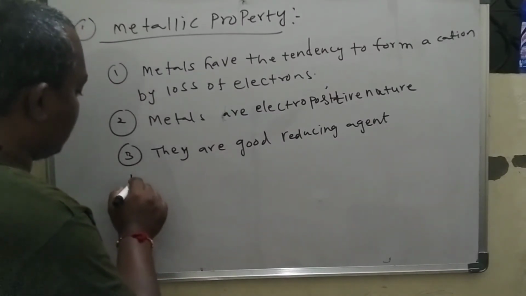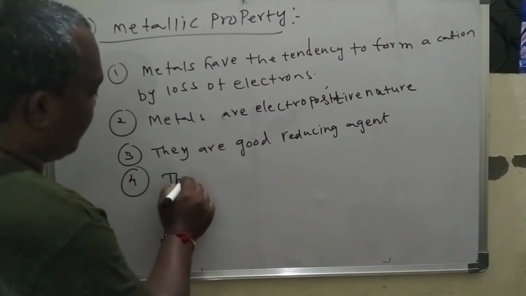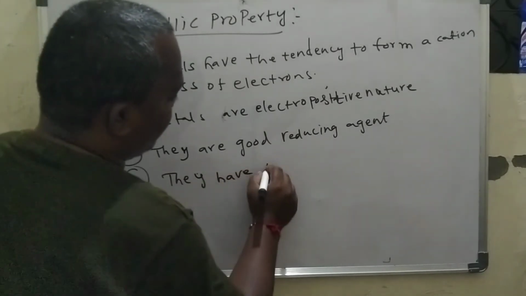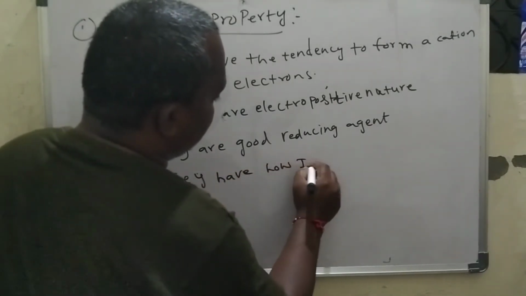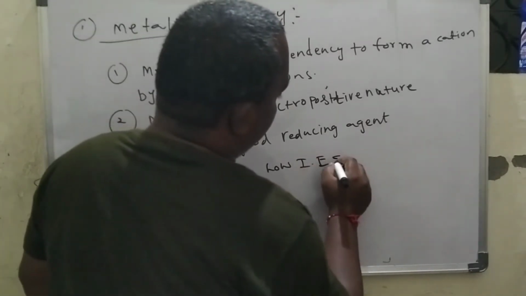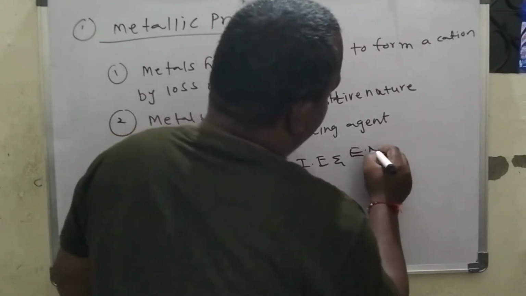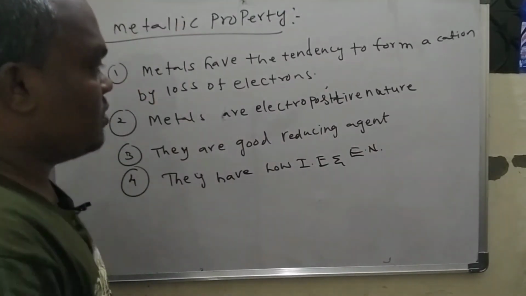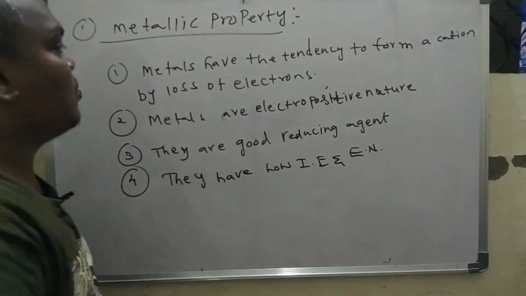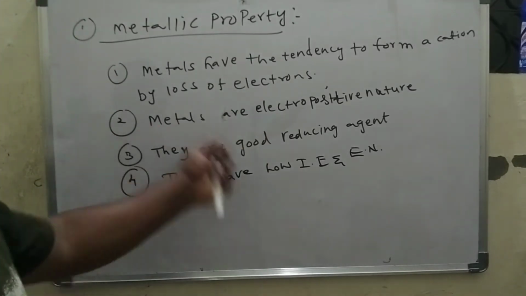And the fourth one is they have low ionization energy and low electronegativity values. So generally these are the metal properties. They have the tendency to form a cation by loss of electrons.